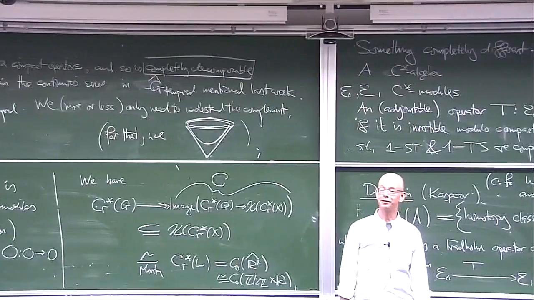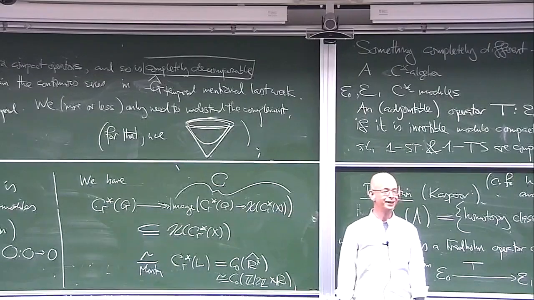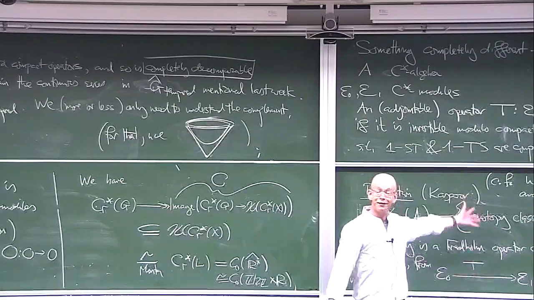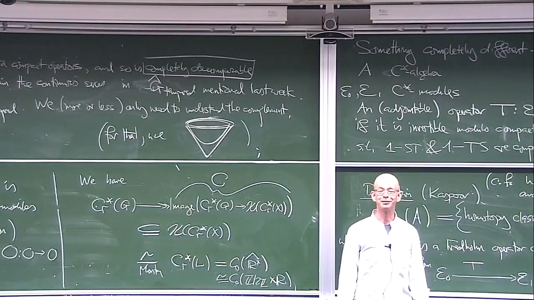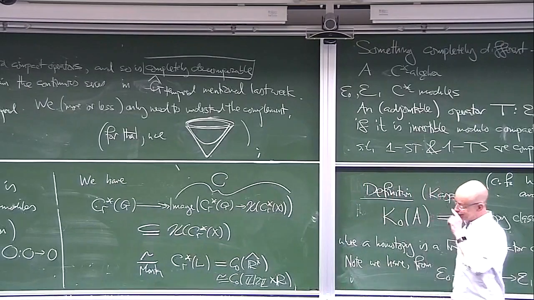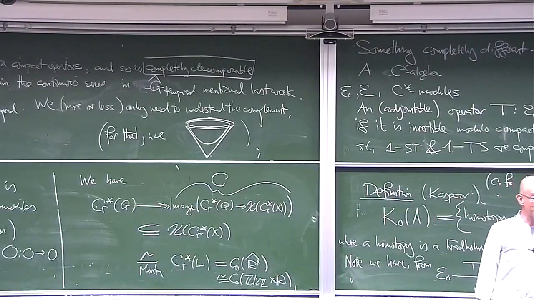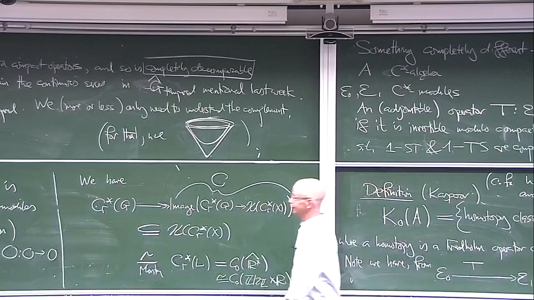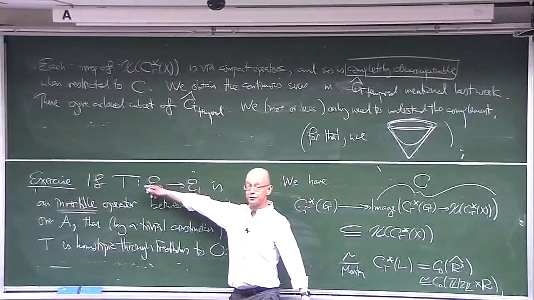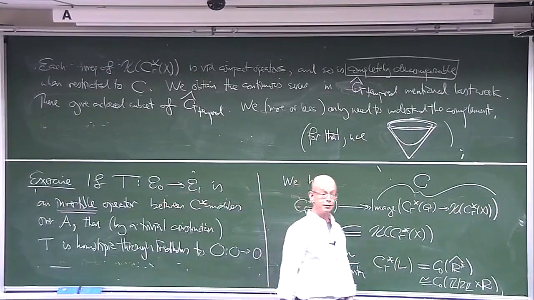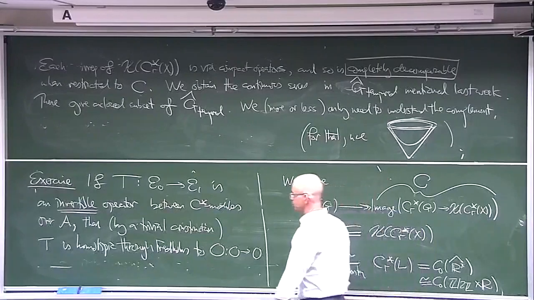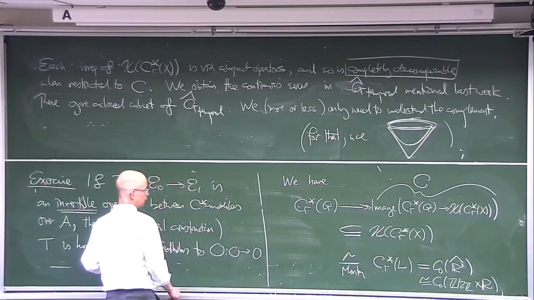The 0 operator from 0 to 0 is not much of an operator, but if you check the definitions, in fact, it is a Fredholm operator. Not a very interesting one, but it is a Fredholm operator. And it's homotopic to any invertible T. It's kind of an amazing thing.